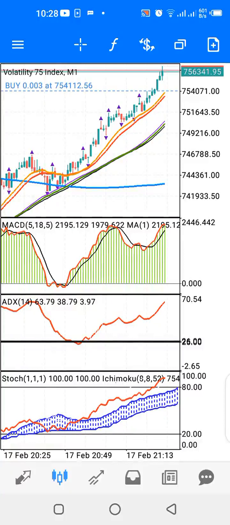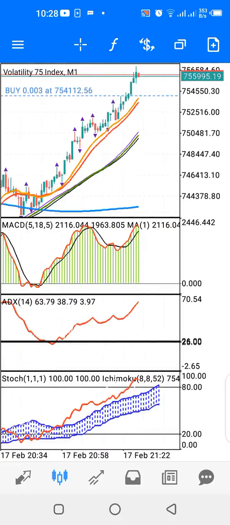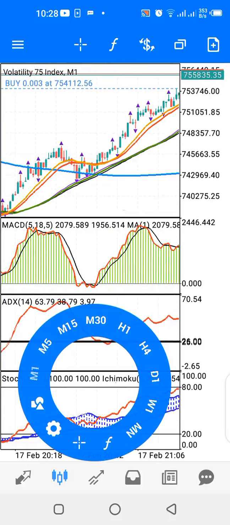Today we'll be looking at a strategy you can use to trade volatility 75 index. On my chart, I have volatility 75 index 1 minute time frame, and I have 4 windows.